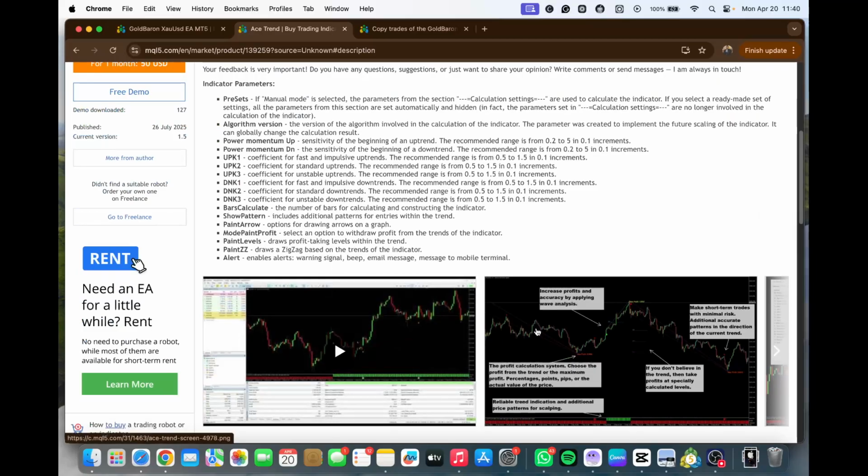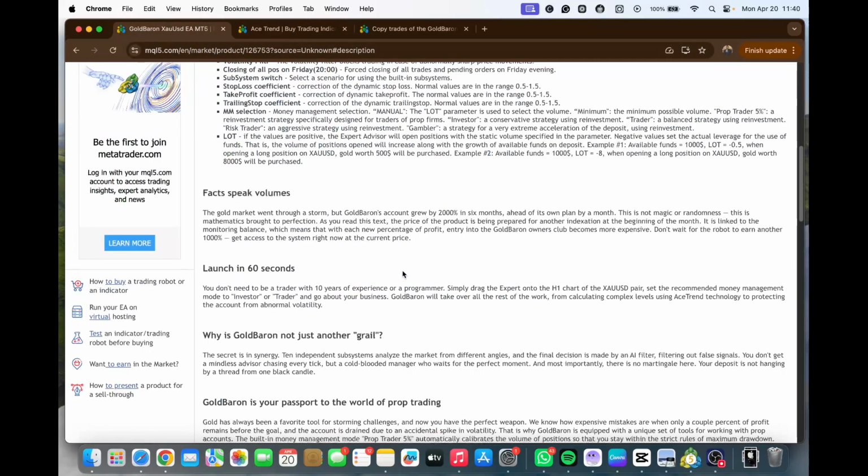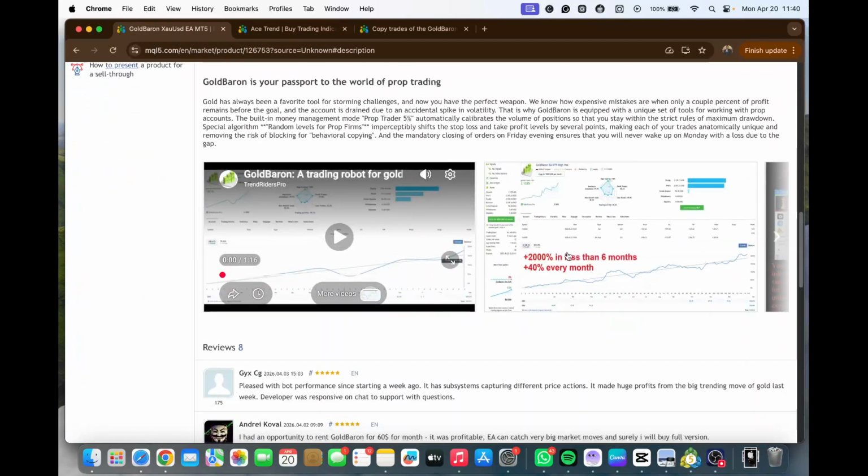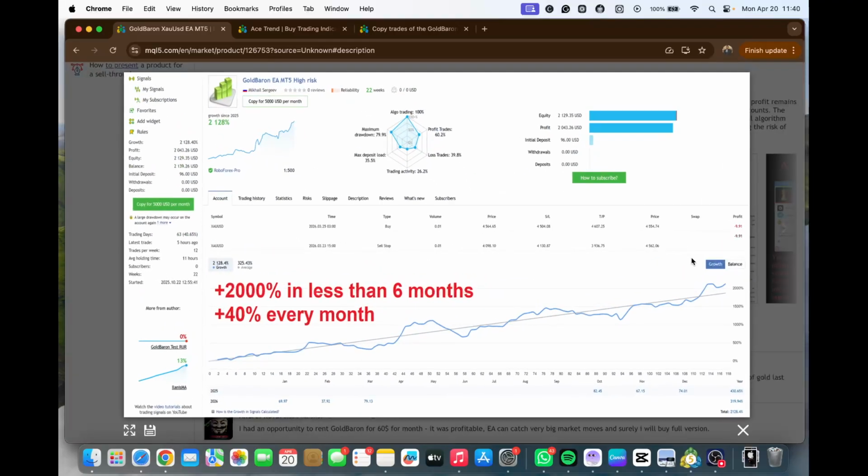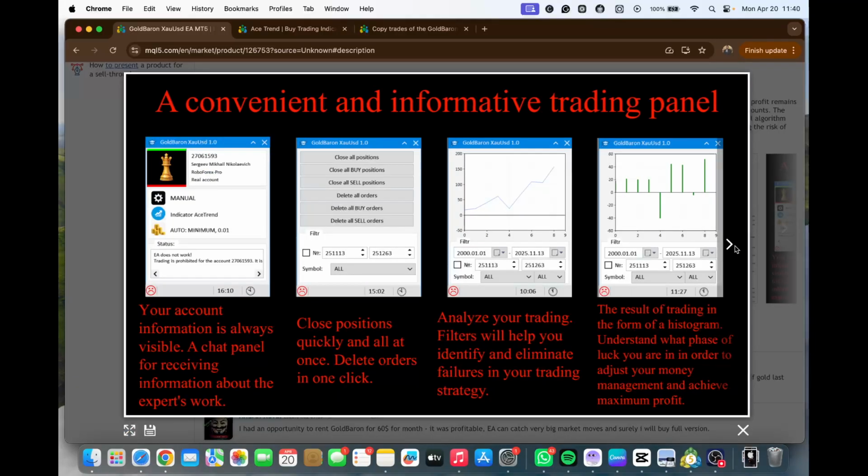Looking at the chart images of the EA, we have some chart images all lined up here. You can see it catching some nice trends on gold, big green runs, but also sitting through some decent sized red candles without panicking.